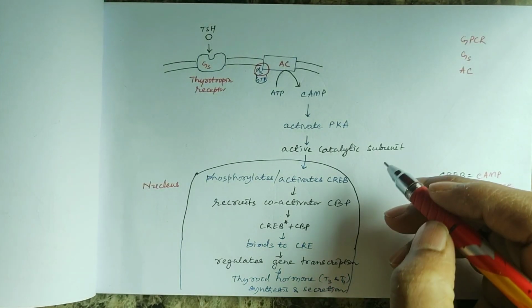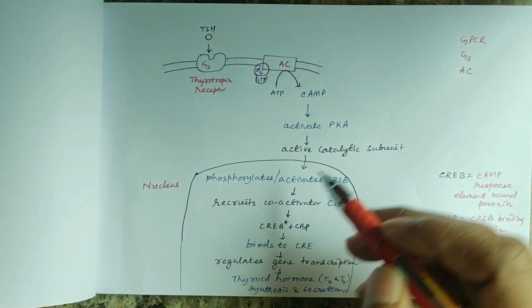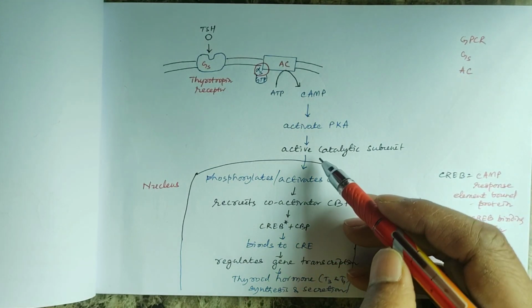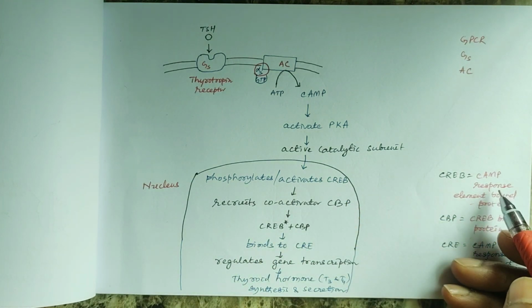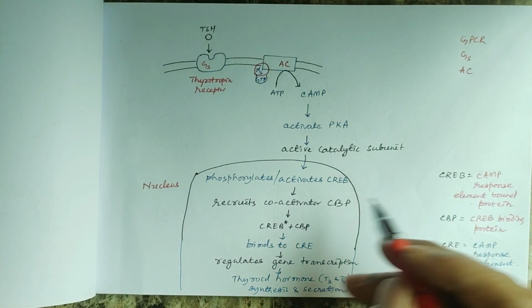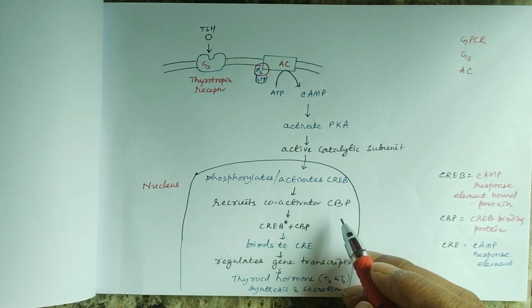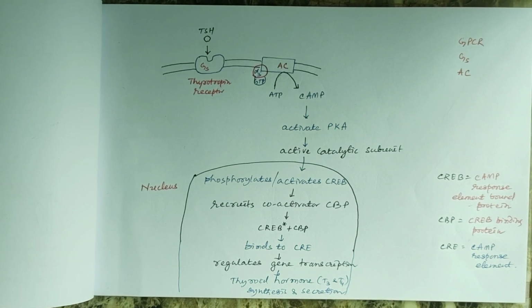So when this active catalytic subunit is formed, it will enter into the nucleus and phosphorylate or activate cyclic AMP response element binding protein CREB, which will recruit the co-activator CREB binding protein CBP. Now the CREB CBP complex will bind to the cyclic AMP response element and regulate the gene transcription.